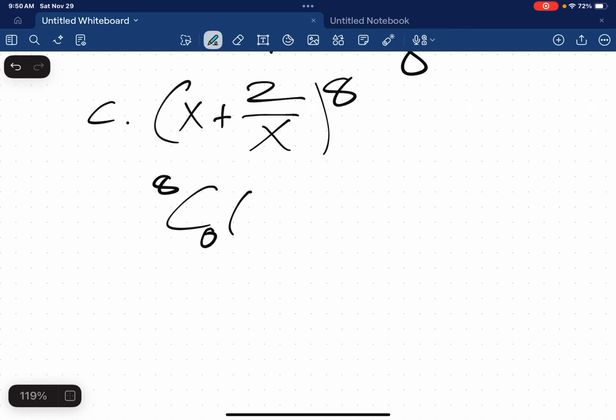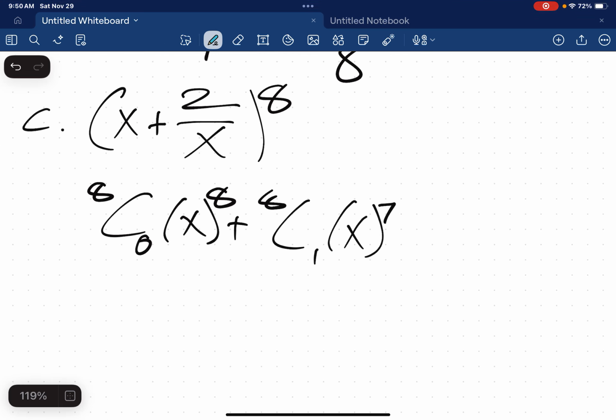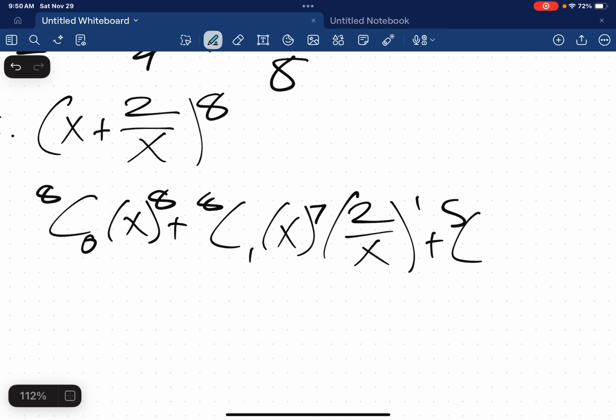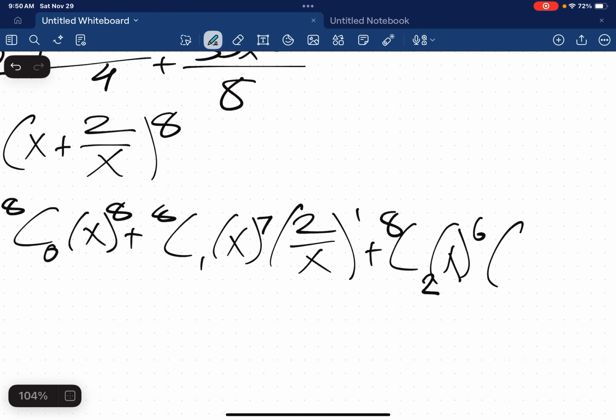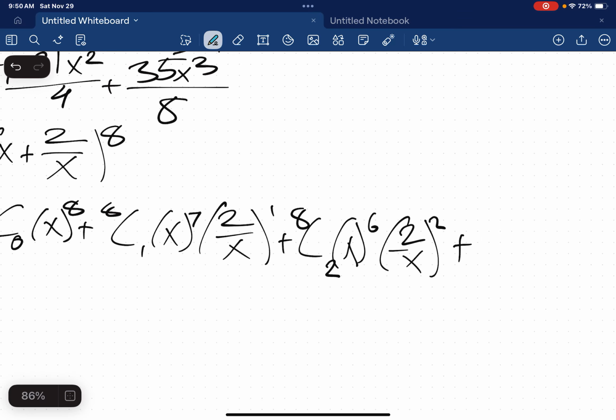And we actually do have an x here now, so it's going to be x to the 8th plus 8 choose 1, x to the 7th, 2 divided by x to the 1, plus 8 choose 2, x to the 6th, 2 divided by x to the 2nd, and for our last term, 8 choose 3, x to the 5th, 2 divided by x cubed.